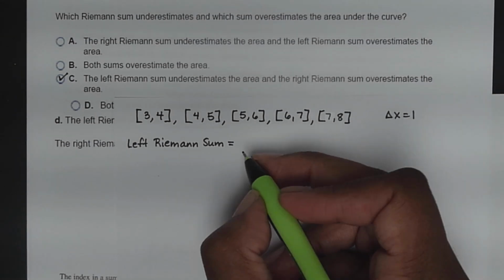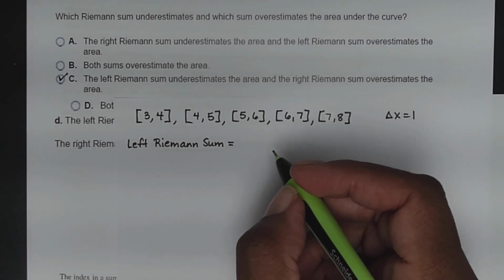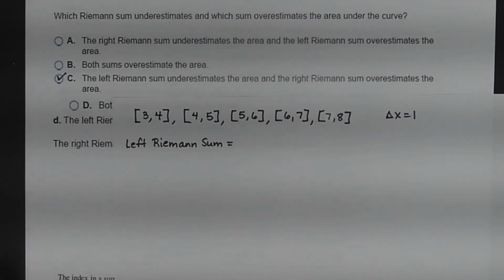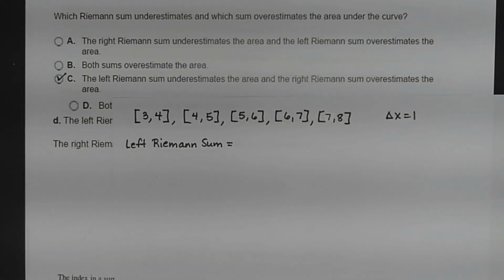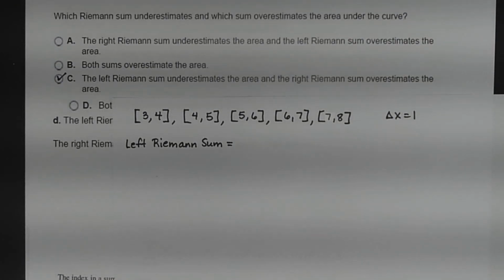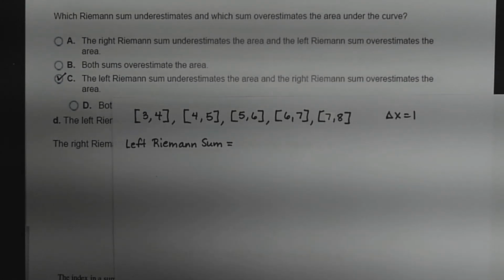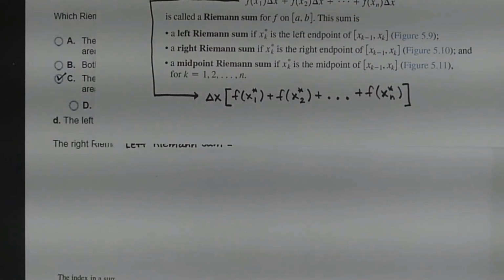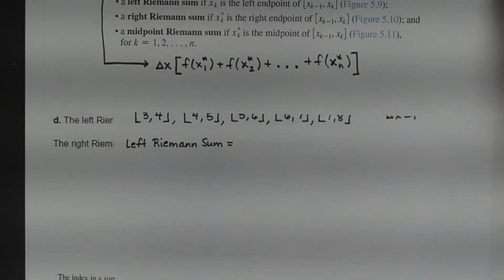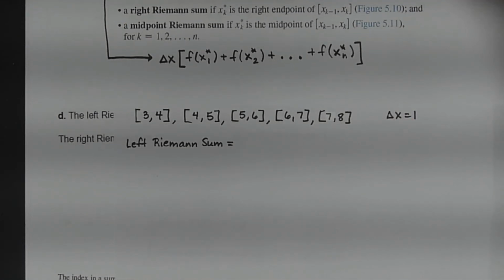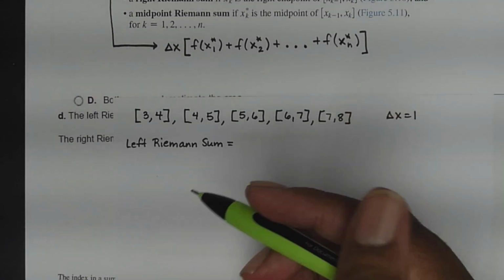So my delta x from that formula that I gave you on one of those pages. Okay, here it is up here. Delta x, and delta x is the 1.